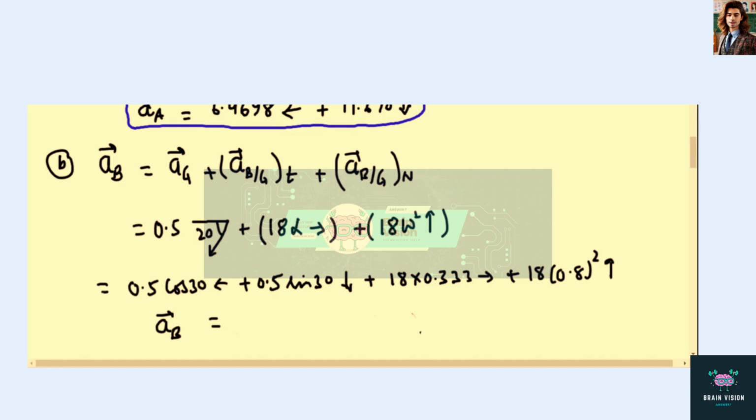This plus, solving this and this, you will get 5.53 towards right, and solving this and this, you will get 11.349 in the upper direction. So this is the acceleration of B point.